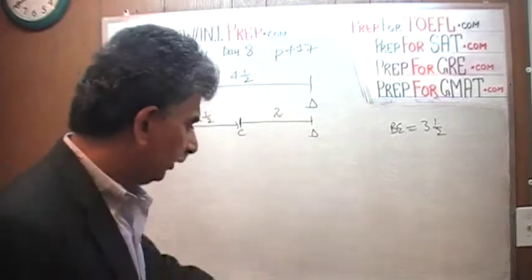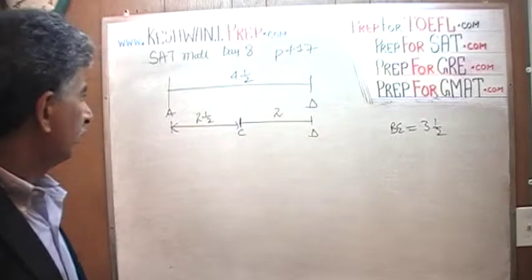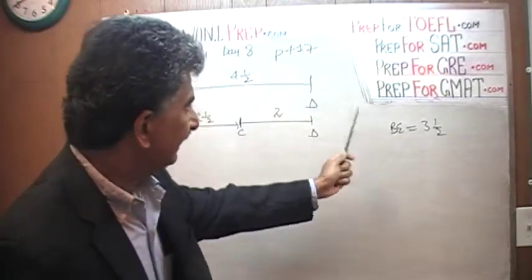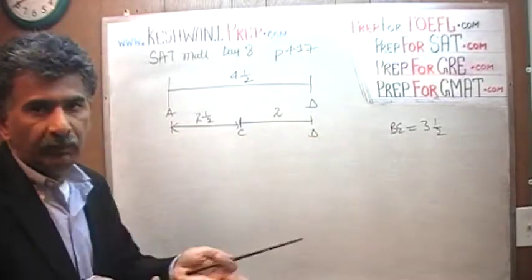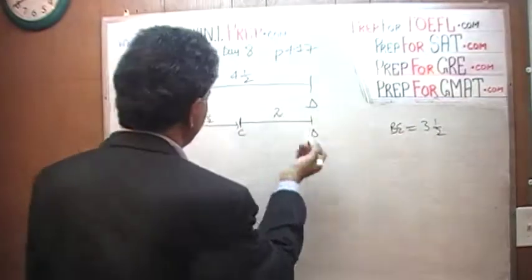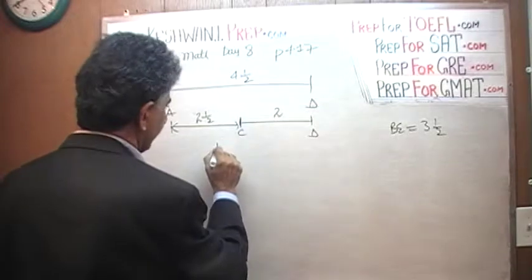It's up to us now to put down B wherever we want. So in other words, it's 3.5 and point E tells us that this is going to go beyond it. It's up to us how far behind we want it to go. For example, because it's 3.5, let's make it simple.